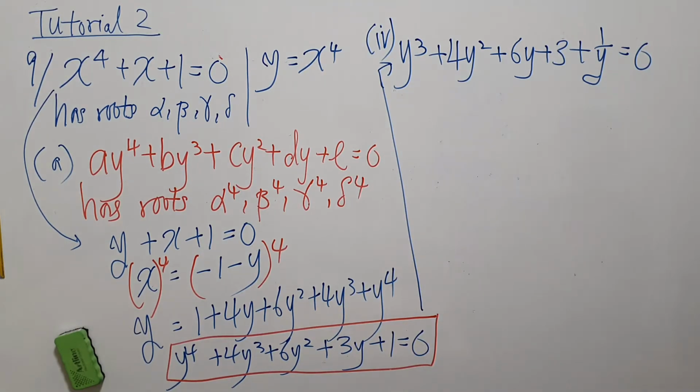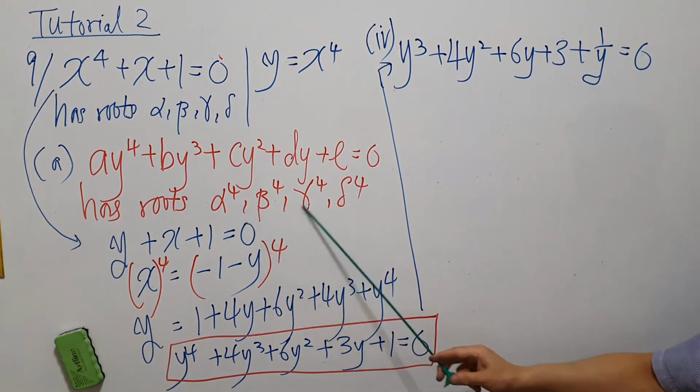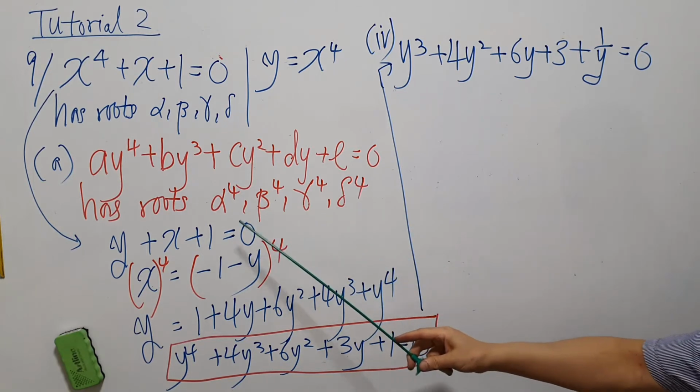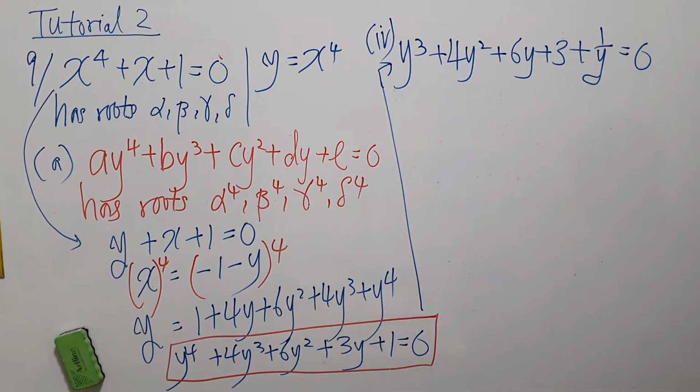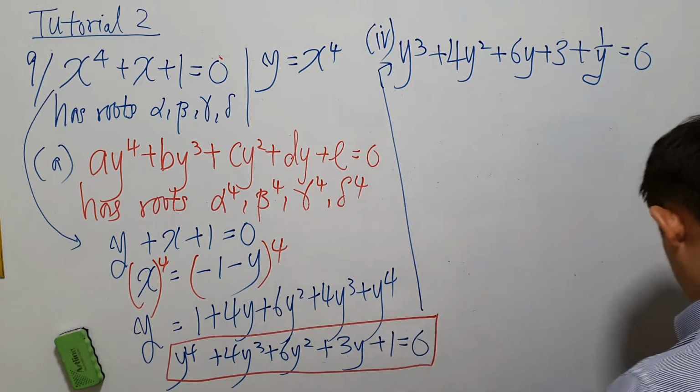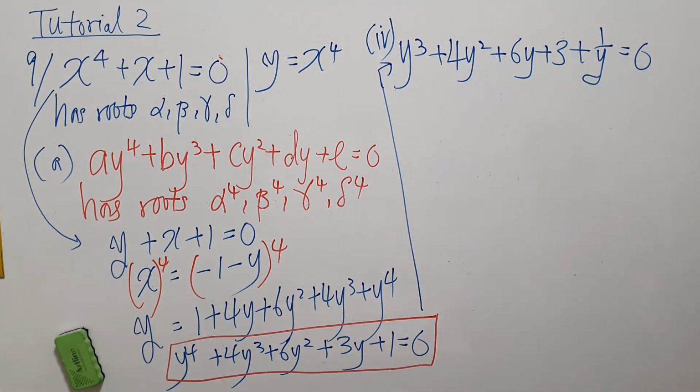Firstly, what I did was I divided throughout by y first. Why do I do so? Bear in mind that for this equation, the roots are these, and for this same equation, which is from here, the roots are the same. Since these are roots of this equation, I can put in y as alpha to the power 4.